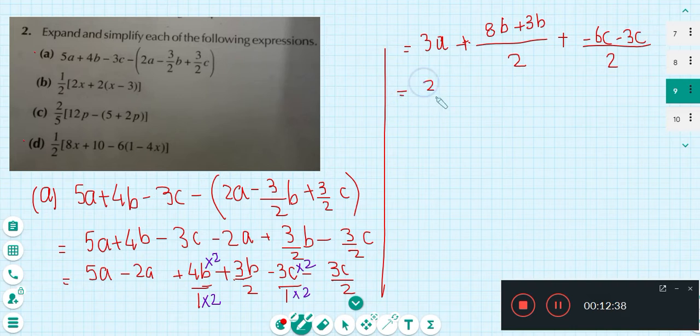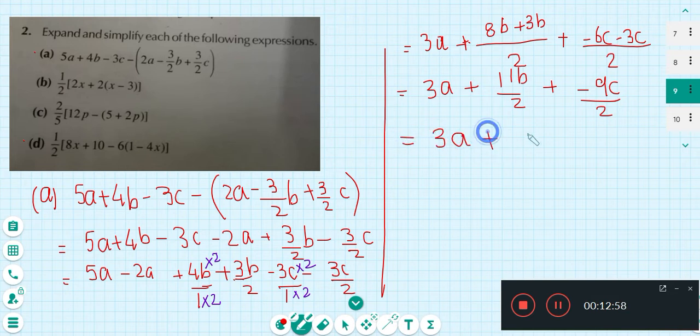So simplifying it, 3a plus 8b plus 3b gives you 11b over 2 and plus minus 6c minus 3c, same signs addition, minus 9c over 2. So we can also write this expression as 3a plus 11 over 2b minus 9 over 2c. So this is your final answer of part A.